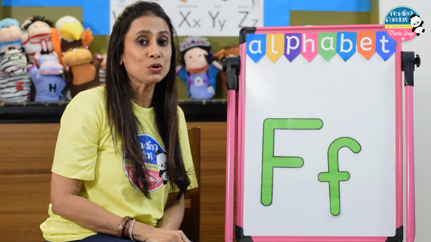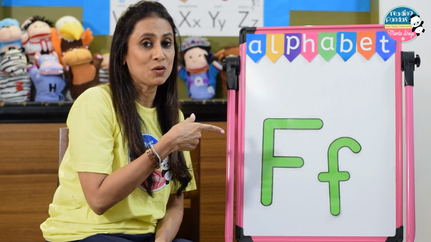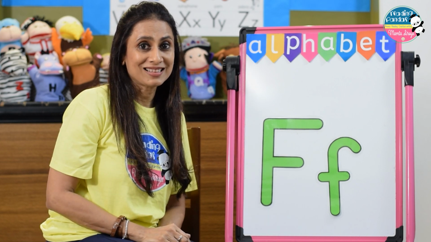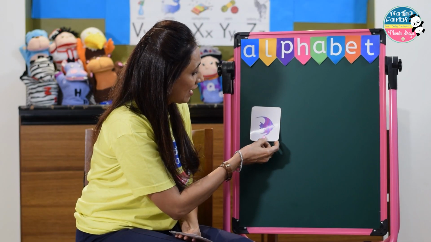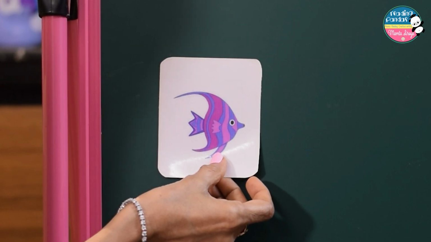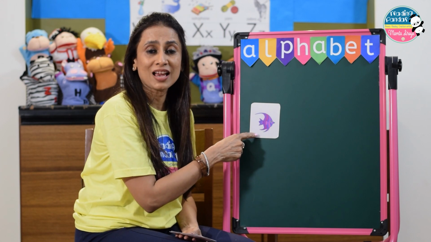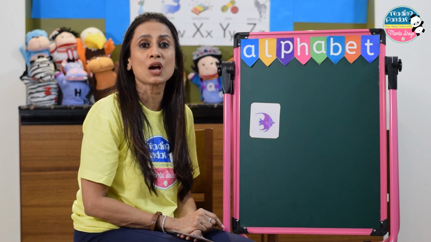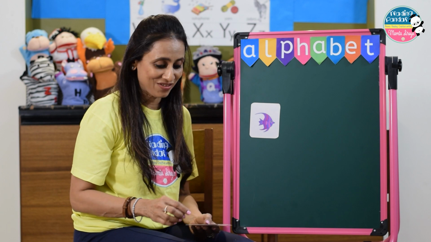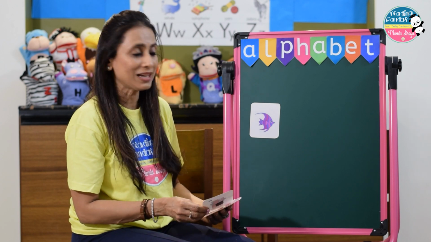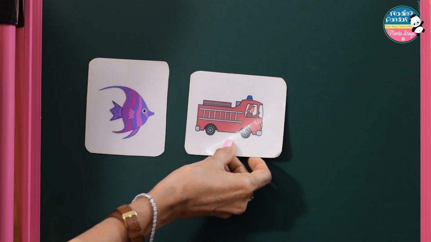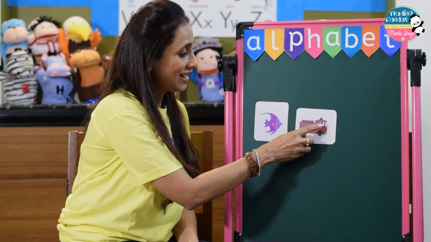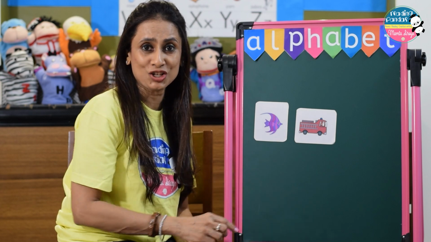And do you want to meet the other friends of this letter F? Yes! Are we ready? Okay. So here we have fish. And fish also begins with the sound f. Correct. And now who's coming next? Yes, you have a fireman and a fire engine.